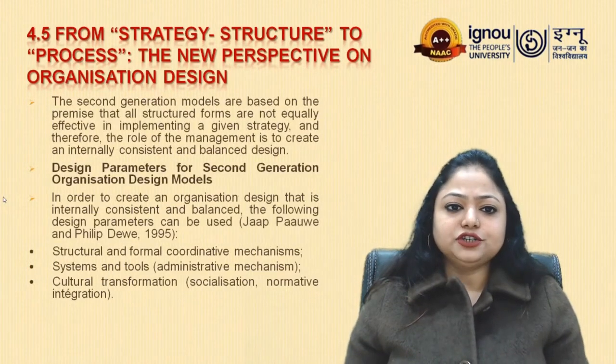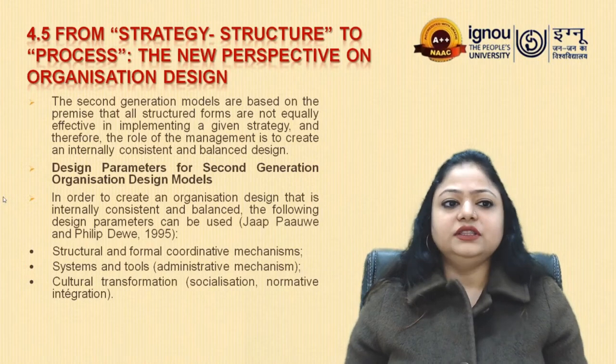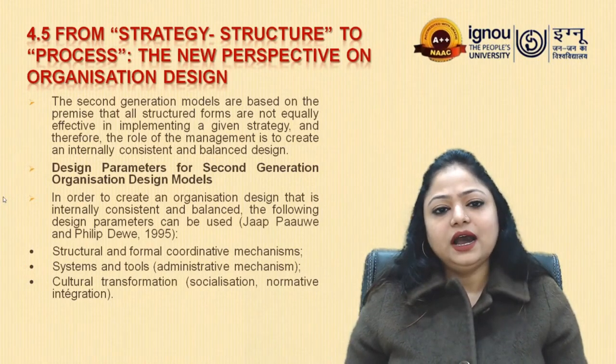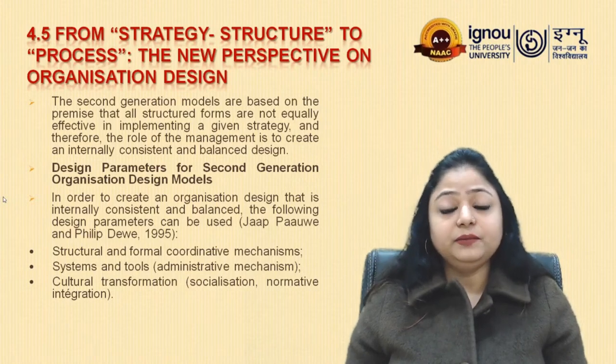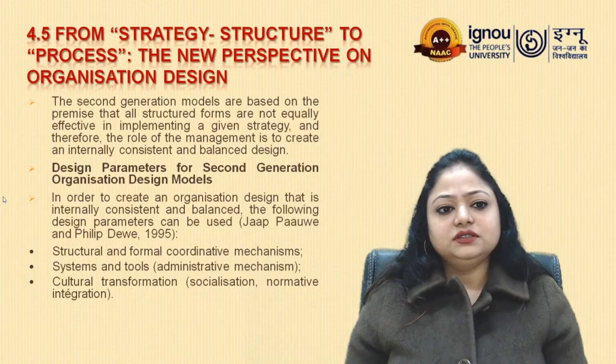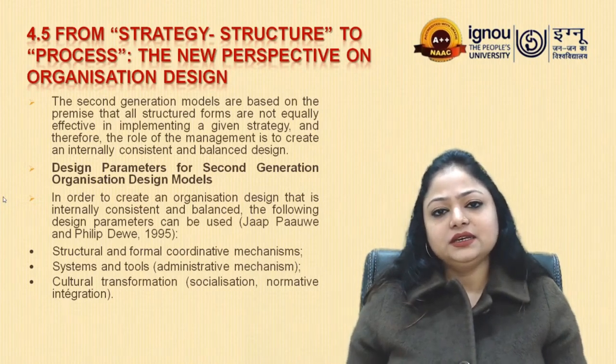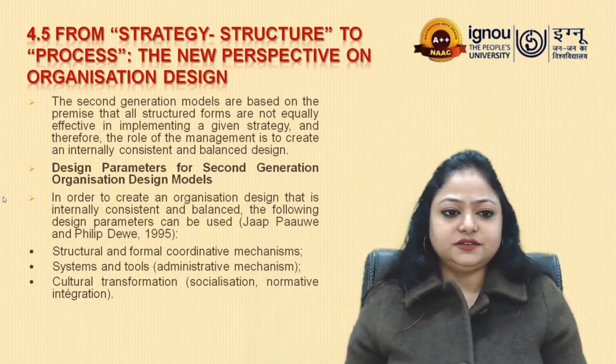So the second generation models are based on the premise that not all structural forms are equally effective in implementing a given strategy, and therefore the role of management is to create a consistent and balanced design which could meet its overall strategy.